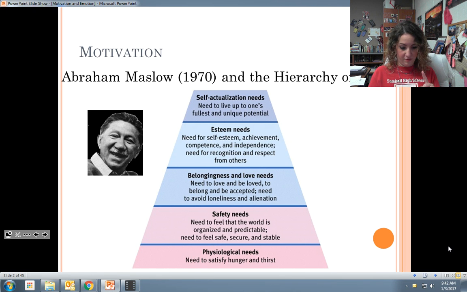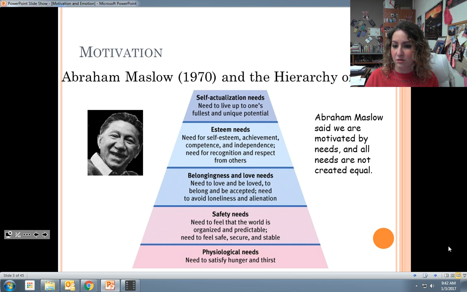We need to have food and water, and we need to stay alive. Once we have those met, then we move on to safety needs. We need to feel safe and secure. And then we move up to love, belongingness, and then our own self-esteem. And when we've reached all of those, then we can be self-actualized. And that's the need to be one's best self and to live to our own potential.